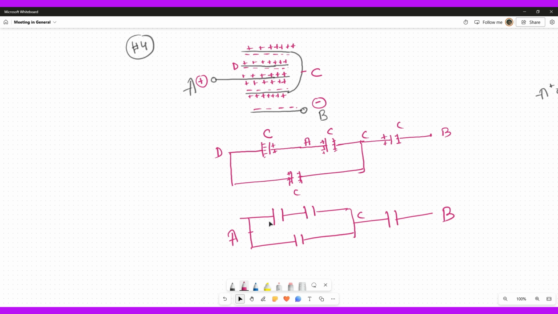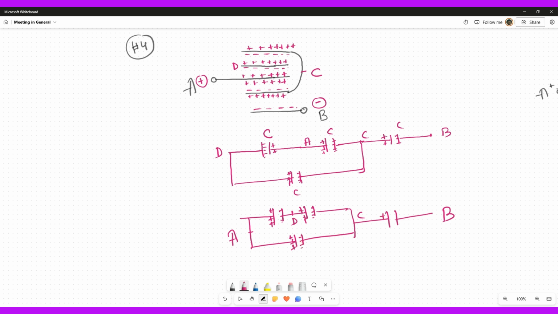Hope you have understood, because between A and D, there is one. This is D, no? This point is D. This capacitor is there. This one is also there. Between A and D, and then between D and C. That only I have taken. This side is positive, positive, negative here, plus, plus. This is plus. This one is minus.